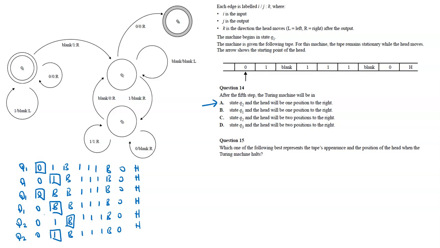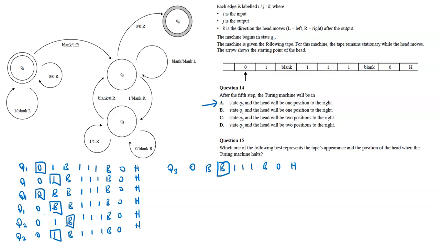So in state Q2, if we see a 1, we turn it into a blank and we move to Q3. So Q3 is now going to be, sorry, we've got 0. That 1 has turned into a blank, and then we had blank, 1, 1, 1, blank, 0, H, and we've moved to the right, so from that one to here, so in Q3.